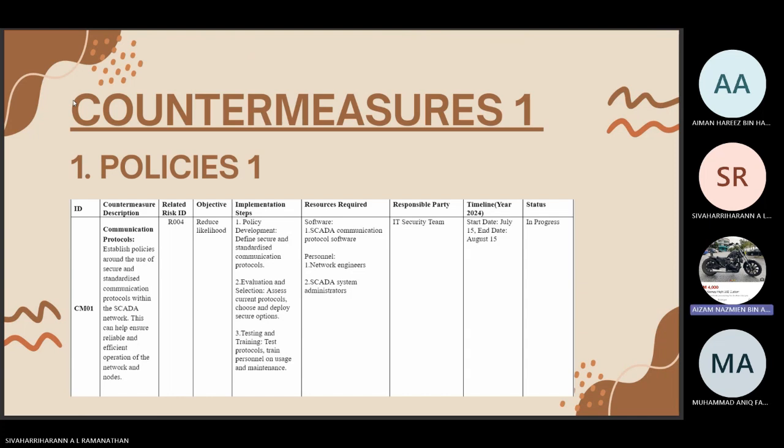Implementation steps include developing policies for secure protocols, evaluating and selecting appropriate options, and conducting testing and training for personnel. Required resources include SCADA communication protocols, software, and involvement from network engineers and SCADA administrators. The IT security team is responsible for implementation, with a timeline from July 15 to August 15, 2024, currently marked as in progress.